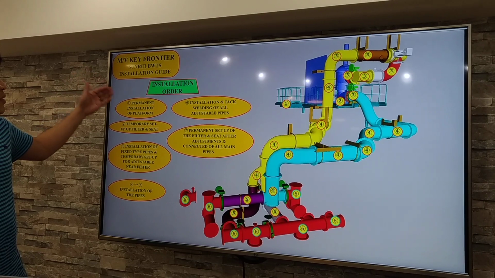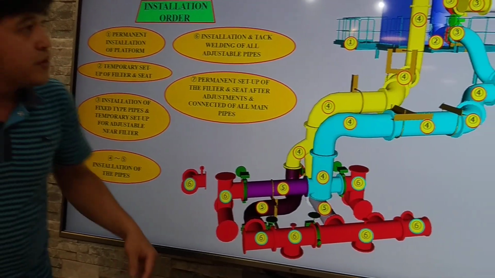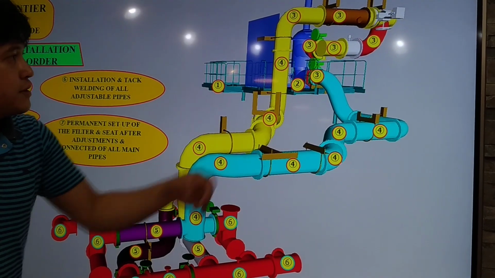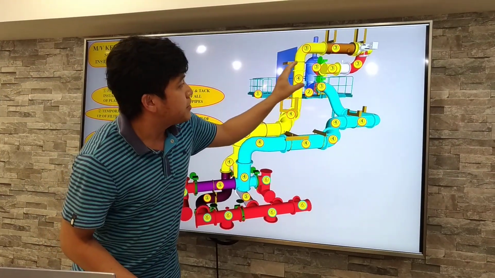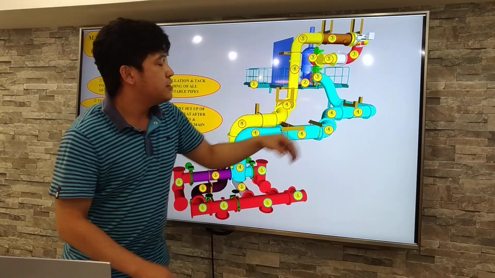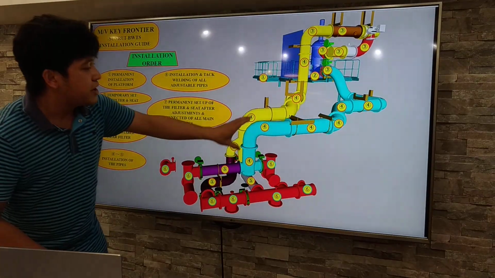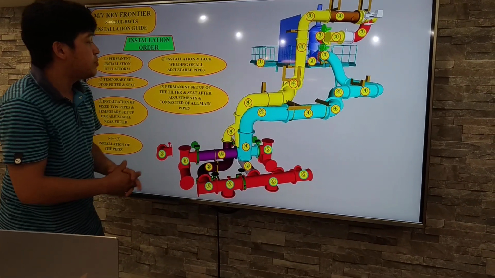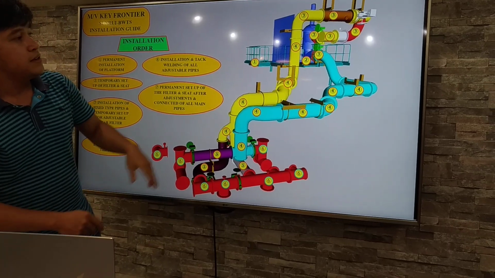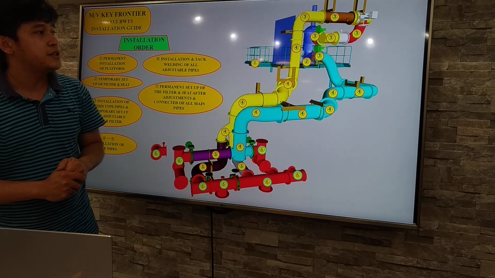First, permanent installation of the platform. Second, temporary setup for the filter seat. Number 3, the filter and the filter pipes installation. Next will be this part and adjusting the adjustable pipes. Then lastly, the permanent setup of the filter seat and the filter.